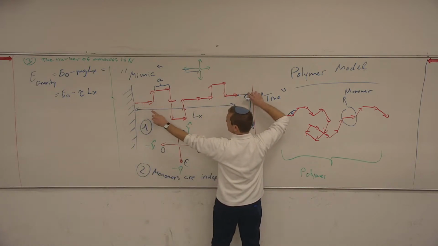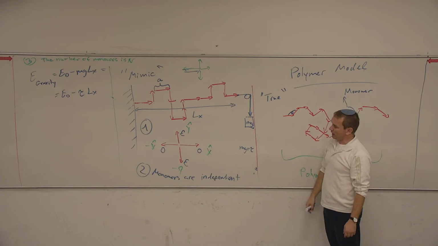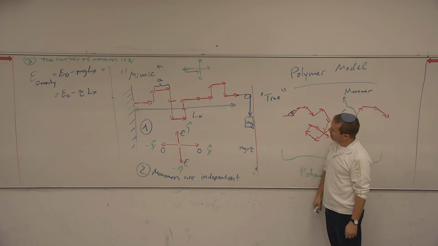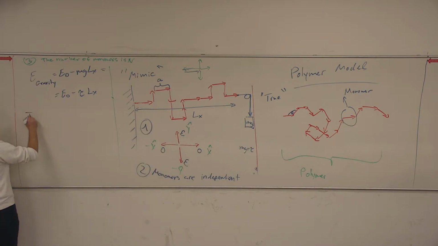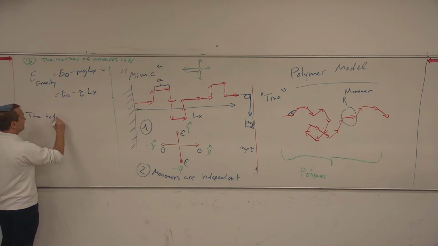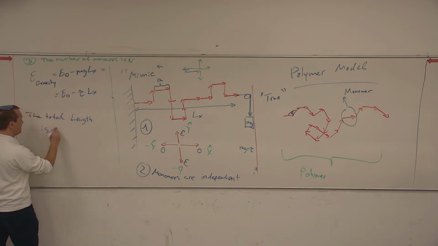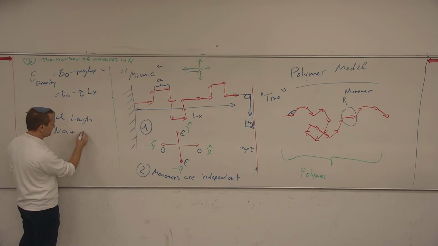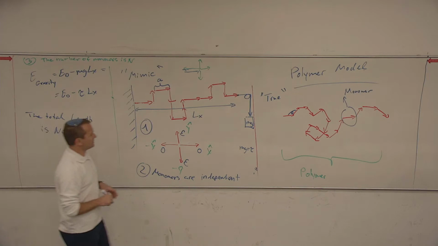Let's assume that there is a total length of the string. What is the total length of the string? It is n multiplied by a plus a specific constant, plus c. Right? So I'm saying the following thing.